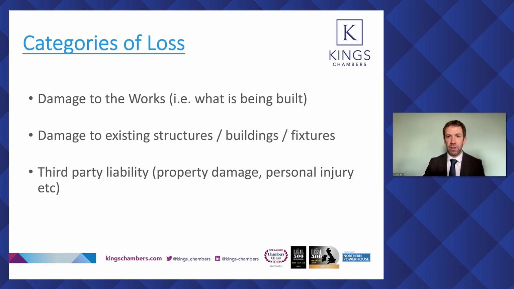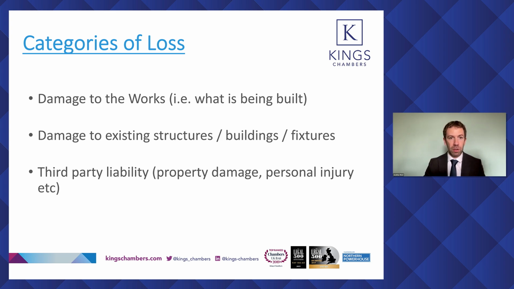Just before we get into the substance of the talk, I wanted to say something briefly about categories of loss, because typically at the outset of a construction or engineering project, there will be a distinction drawn, often expressly in the contract, between different types of loss that might be foreseen or incurred, and for which insurance is required or available.